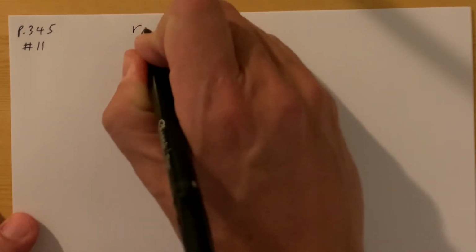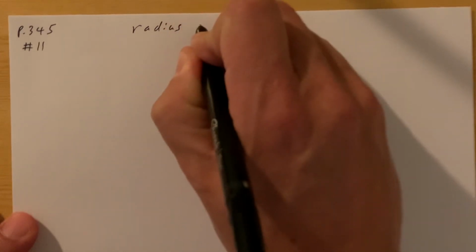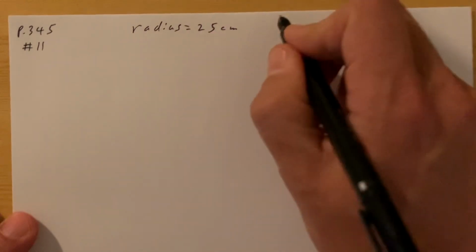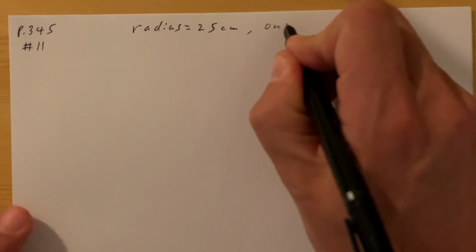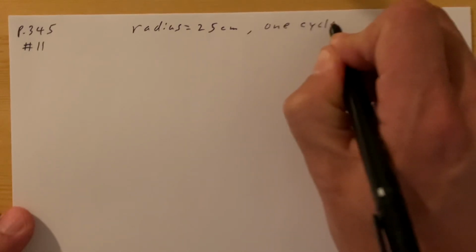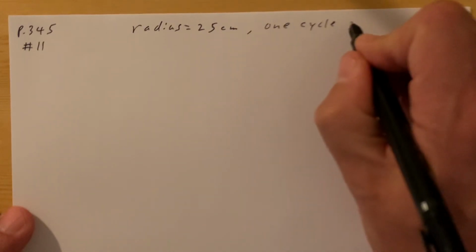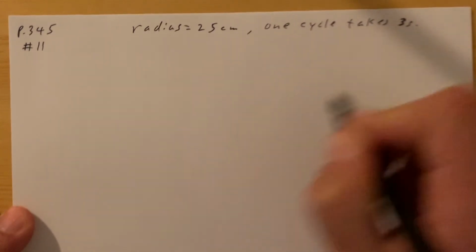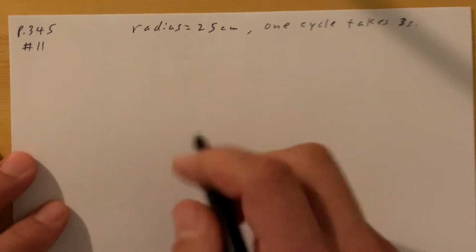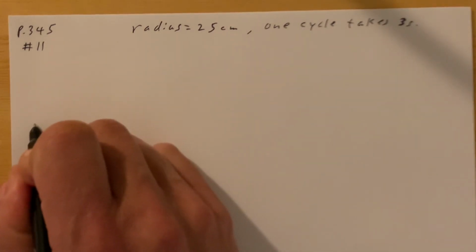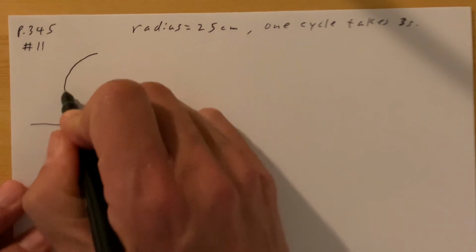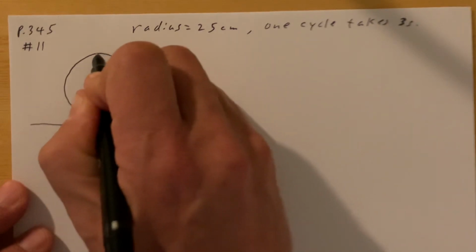So we've got a radius of 25 centimeters. Okay, and then we've got one cycle or revolution takes 3 seconds. Okay, now let's take a look here. So I'm going to have the ground right here. There's a picture of the Ferris wheel, and the Ferris wheel is like that.